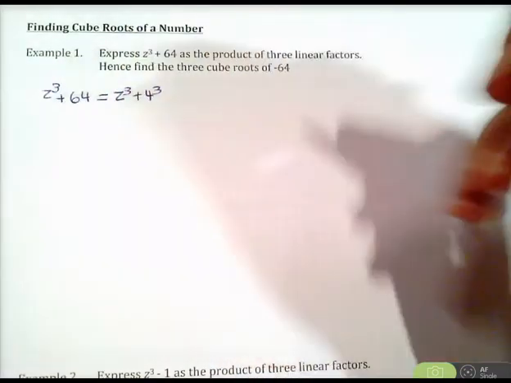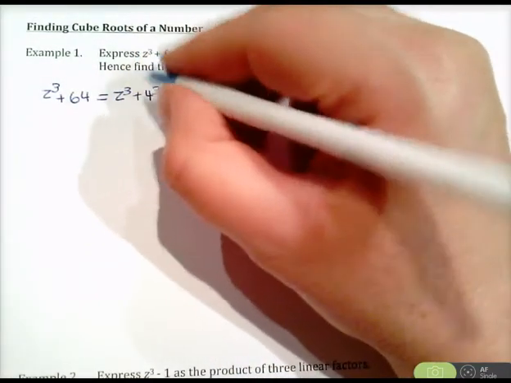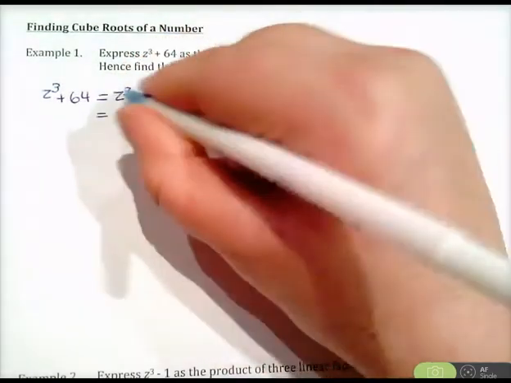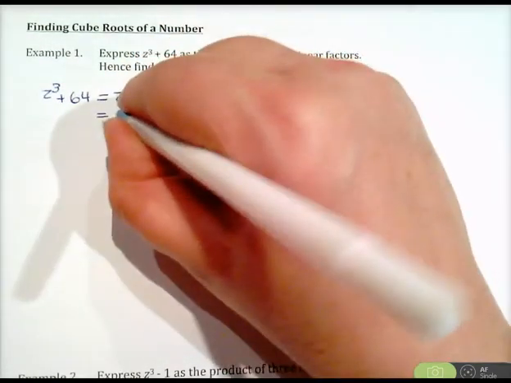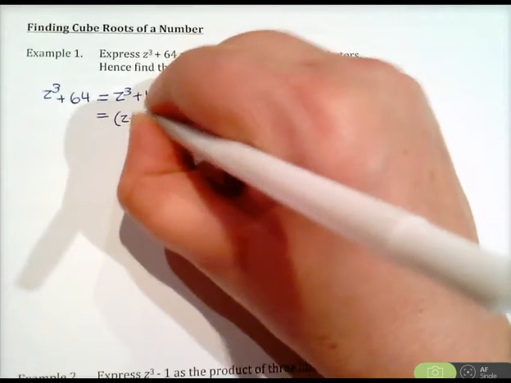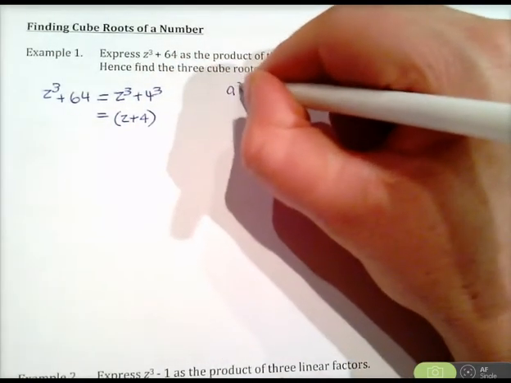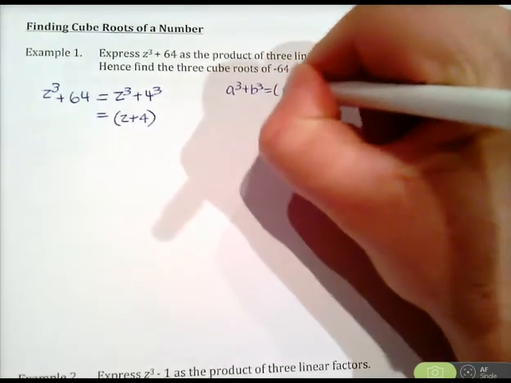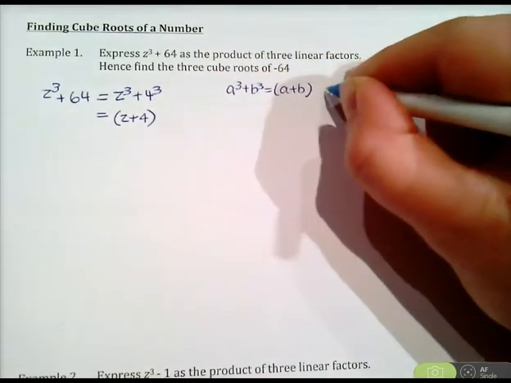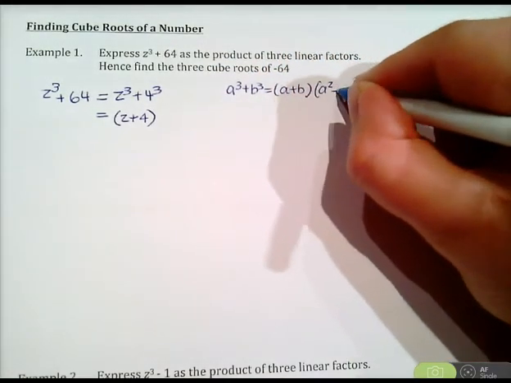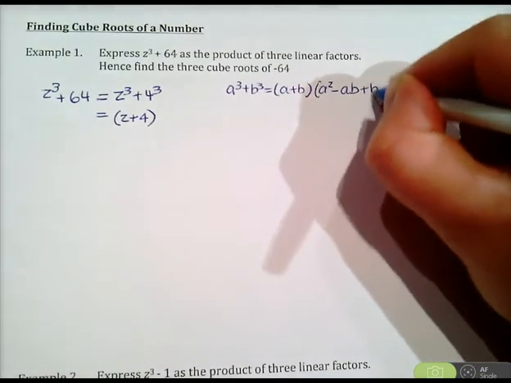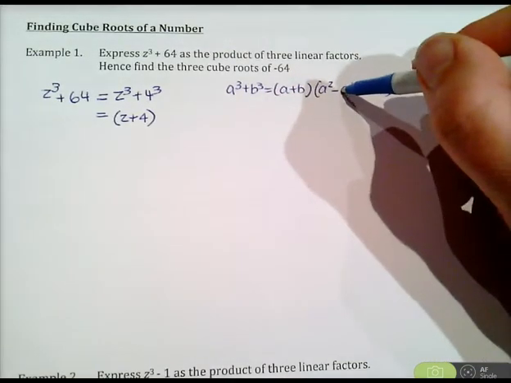Now in the 2-unit course, you've learned how to factorize sums and differences of cubes. So the factorization for a cubed plus b cubed, if you remember, is a plus b times a squared minus ab plus b squared. Just be careful, don't put a 2 here.